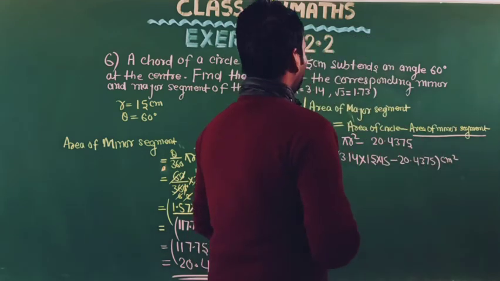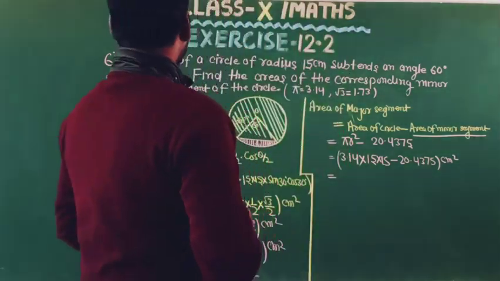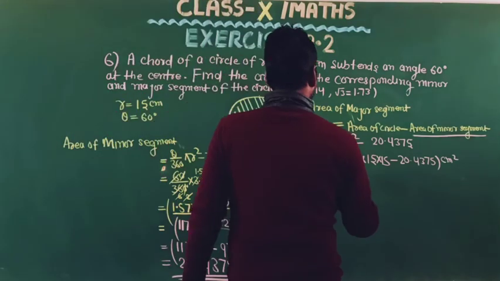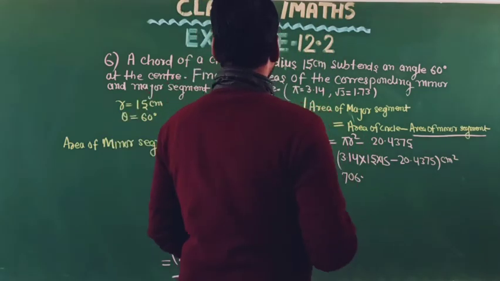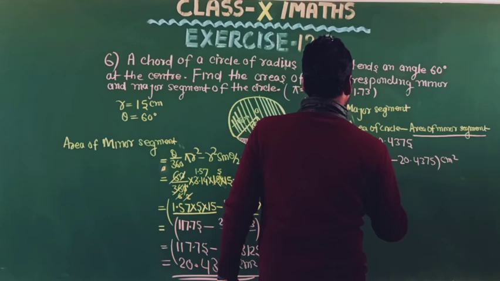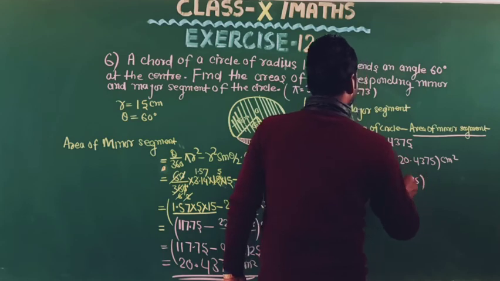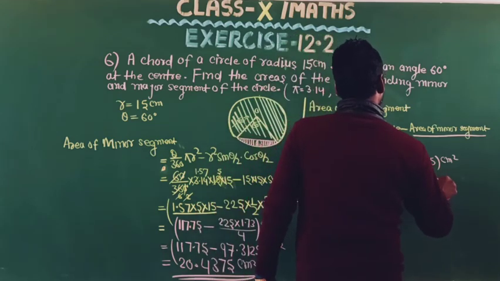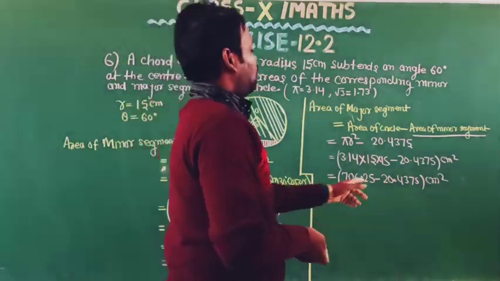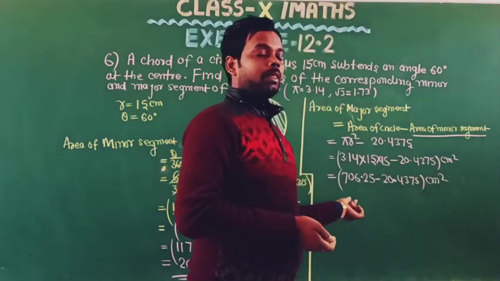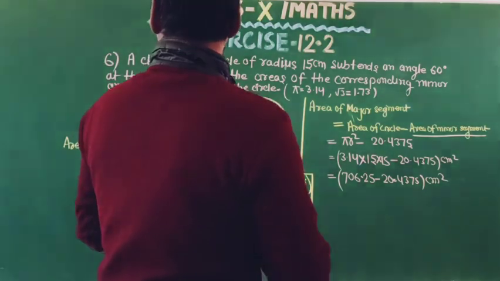Now multiplying 3.14 by 15 into 15, we will get 706.25 minus 20.4375 centimeter square. Now subtract 20.4375 from 706.25.